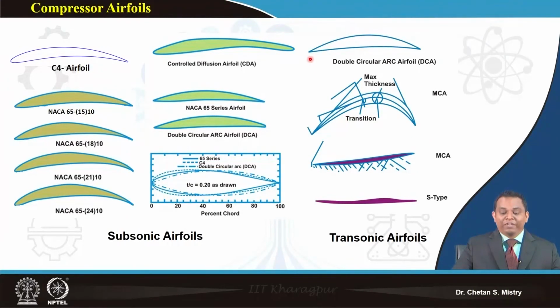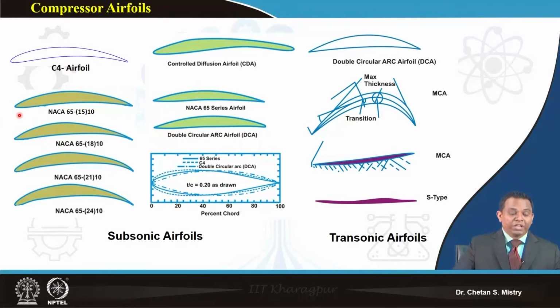When we have a sharp leading edge, the shock will be attached to the surface of the blade. The same is true for the trailing edge. For subsonic aerofoils, we may have a circular leading edge or an elliptical leading edge. Their purpose is different, as you are looking at a different kind of application.